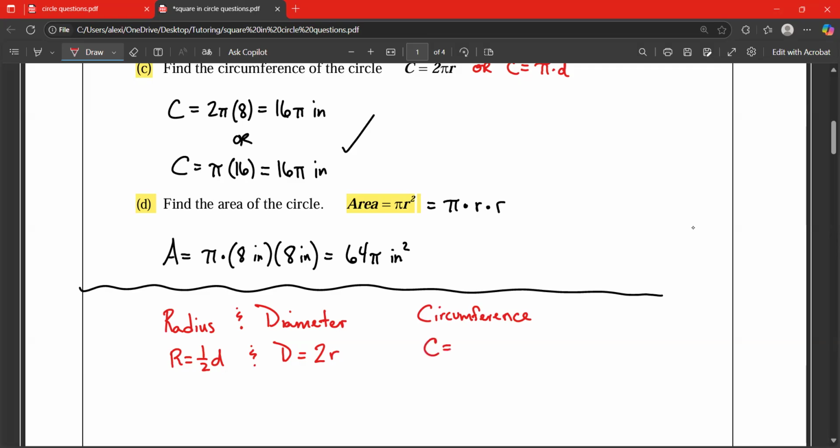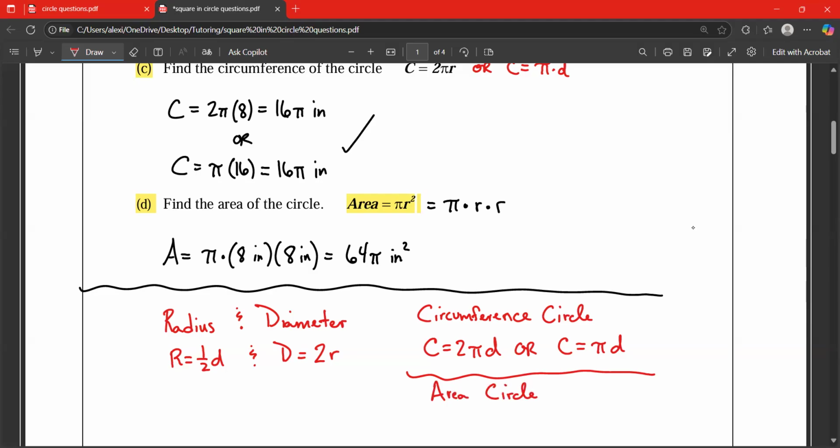Either circumference equals 2 times pi times radius, or circumference equals pi times diameter. In order to find area, oh, and by the way, we should say of a circle. In order to find area of a circle, there is one formula, and that is area equals pi times radius squared.